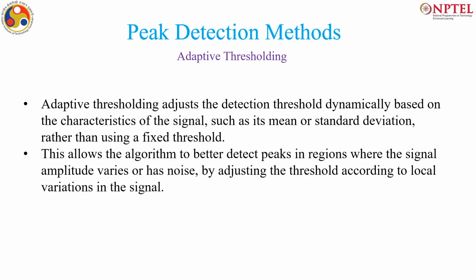So this threshold problem can be adjusted by using some adaptive threshold, which will dynamically adjust itself based on the signal characteristics, such as the signal mean or standard deviation, and this will allow you to detect peaks with better precision, because the threshold will now be variable based on the local neighborhood of the signal.